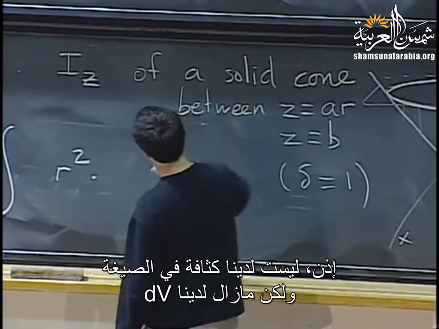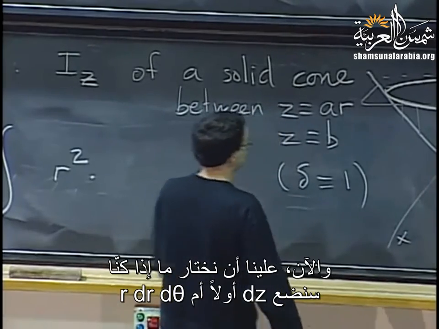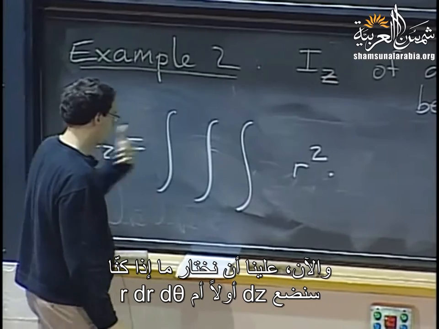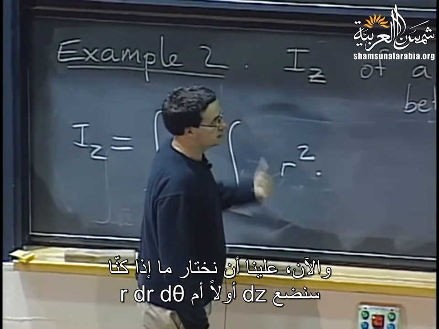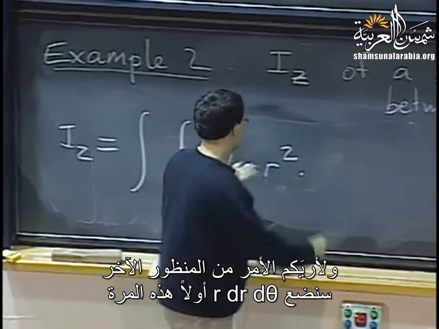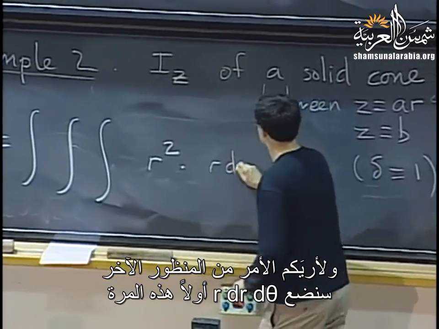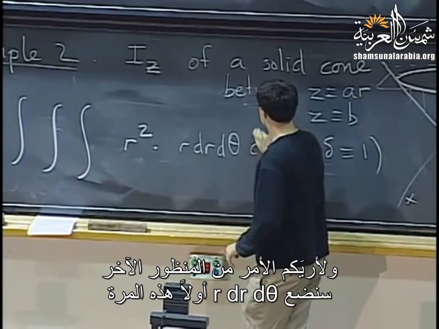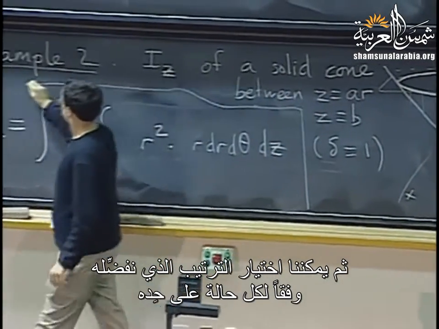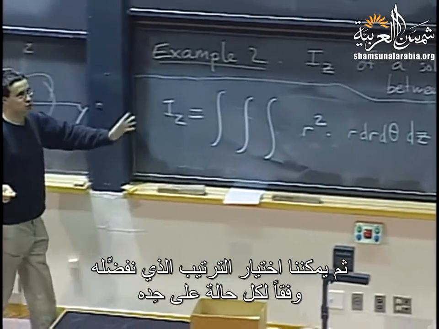I still have dV. Now, it's my choice between doing the dz first or doing r dr d theta first. Just to show you how it goes the other way around, let me do it r dr d theta dz this time. Then you can decide on a case-by-case basis which one you like best.